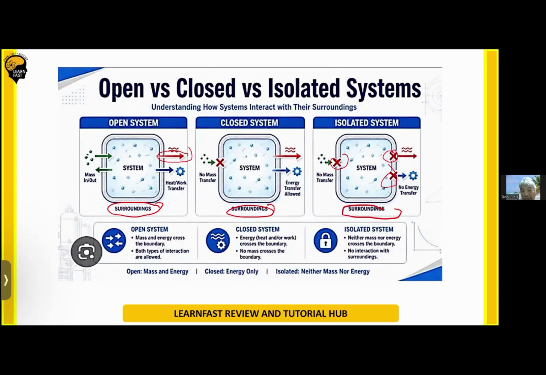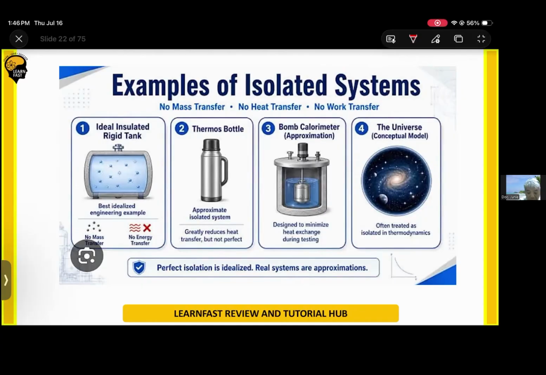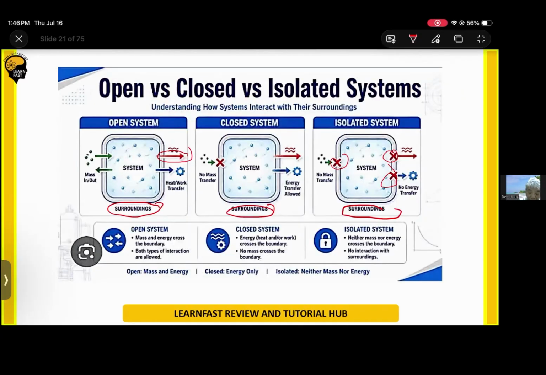That means no interaction with the surroundings if you have an isolated system. Please remember the concept about open system, closed system, isolated system. So the isolated system is the third type of system.